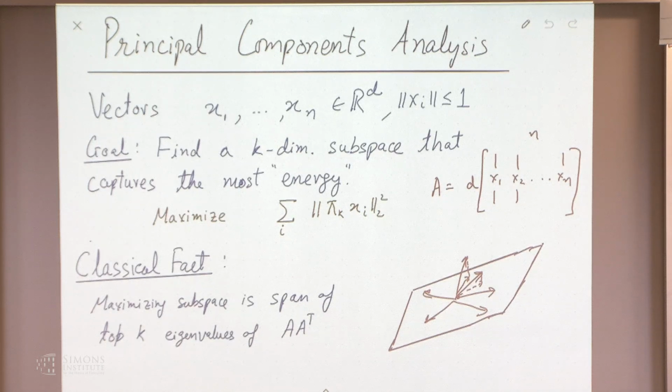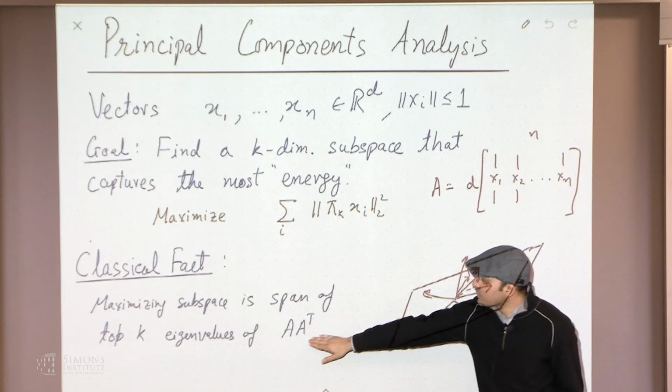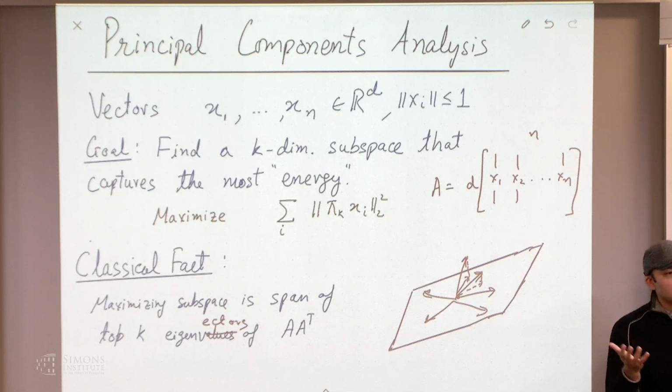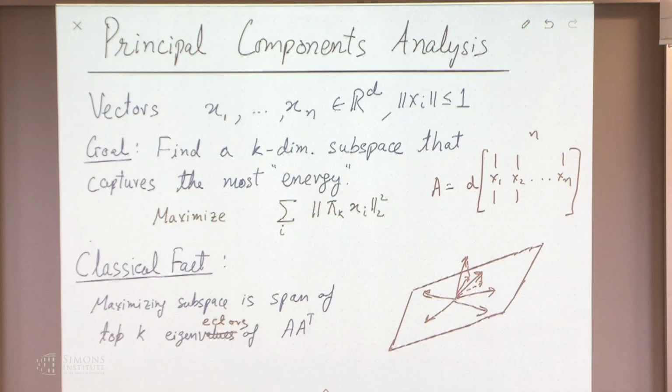So you look at the covariance matrix of your data, that's AA transpose. You look at the top k eigenvectors, sorry, eigenvectors. And the span of those k eigenvectors is the subspace you are looking for.